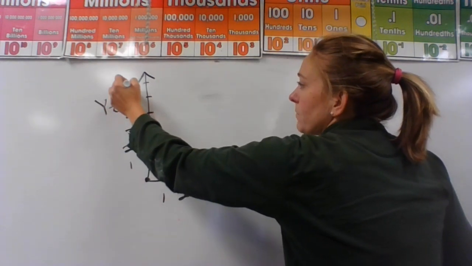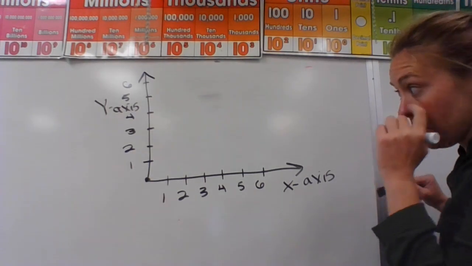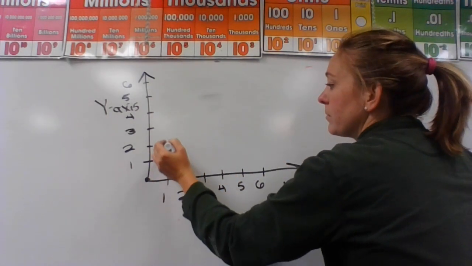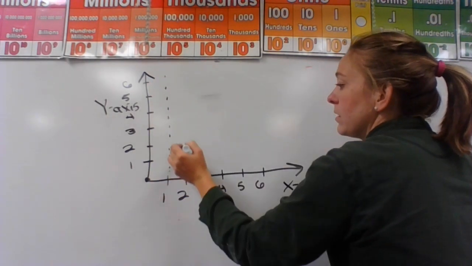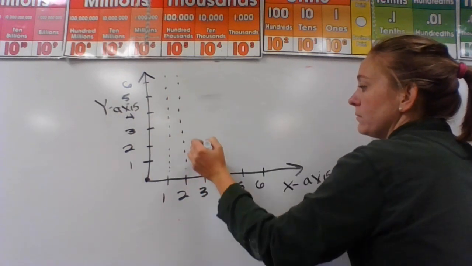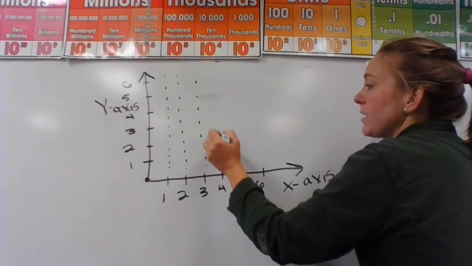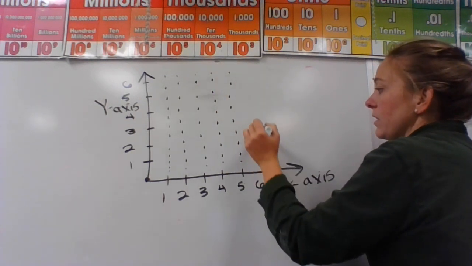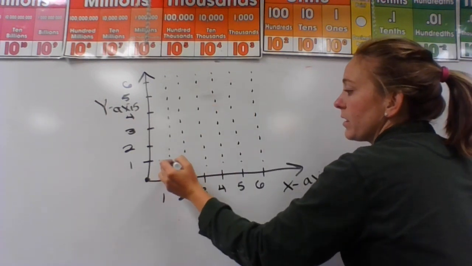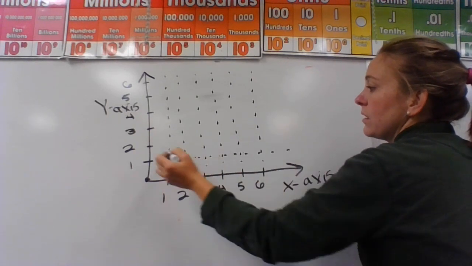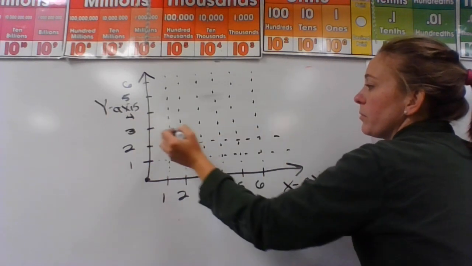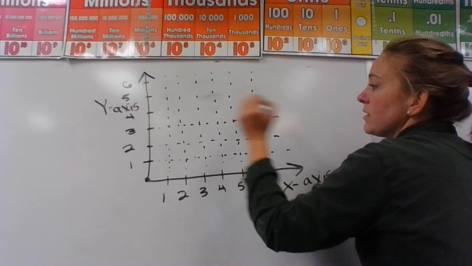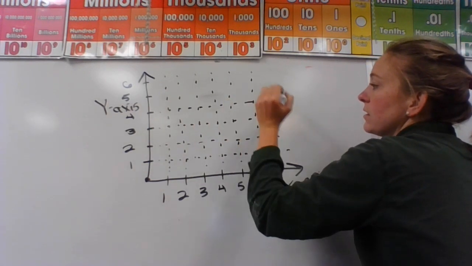And then you'll probably see lines sometimes going up. Sometimes they don't have them. Sometimes you have to just see it in your head. But we'll put the lines here to make it easier for us today. And then there'll be lines going across. So you have this grid pattern, and you can see where the lines are crossing.